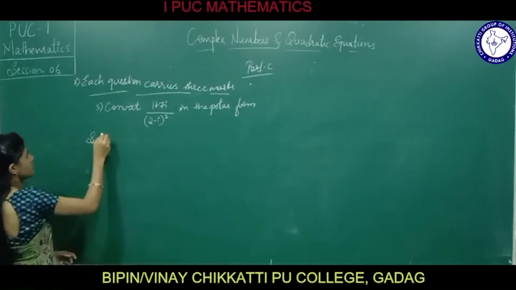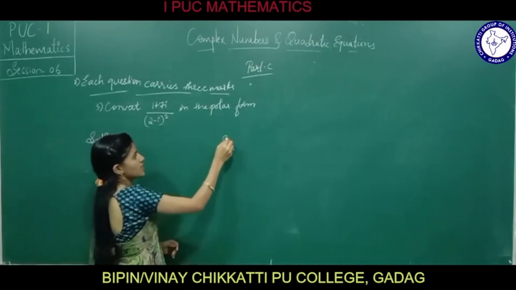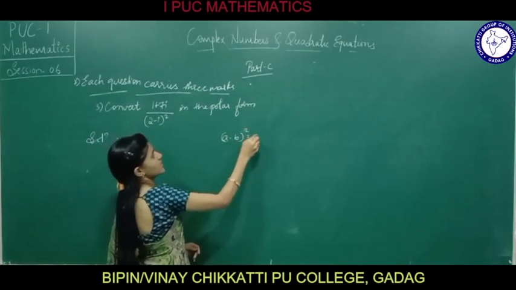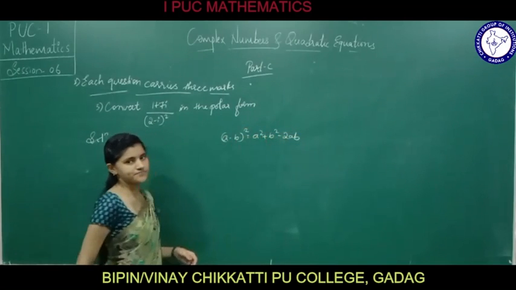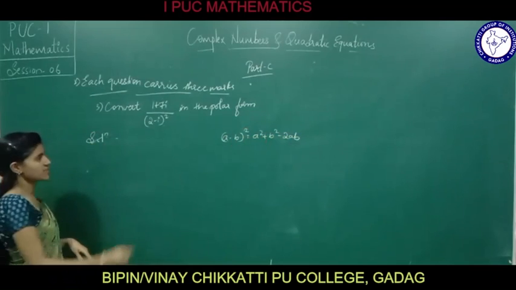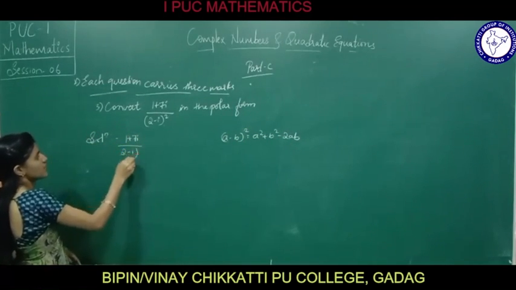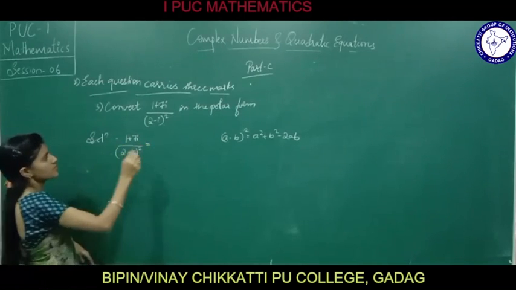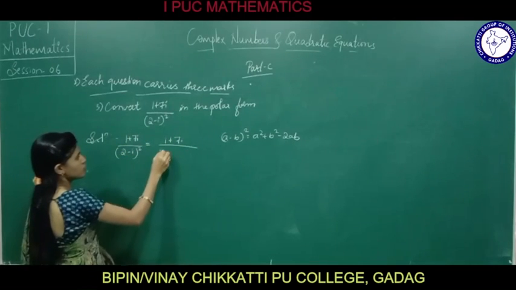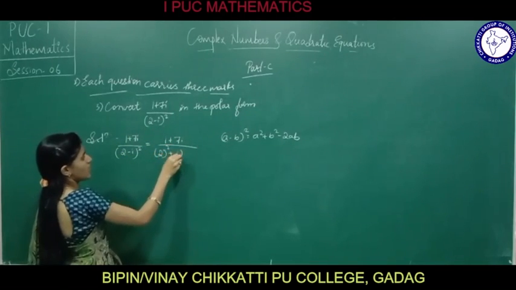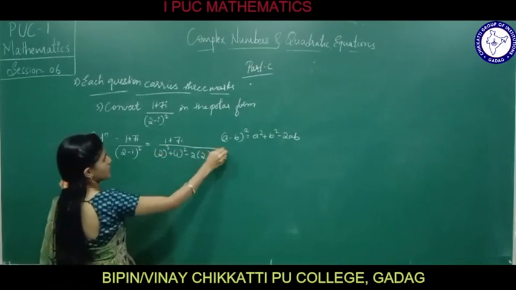Let us start solving. 2 minus i whole square is of the form a minus b whole square, right? a square plus b square minus 2ab. We are going to solve it using that. That is 1 plus 7i divided by 2 square plus i square minus 2 into 2 into i.